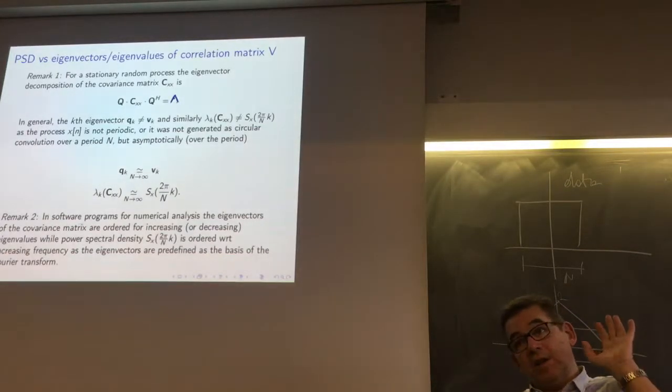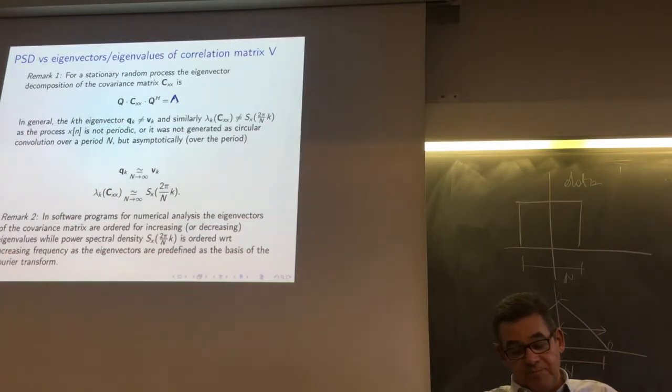At a certain time, I told you that there is a close relationship between the eigenvectors and eigenvalues of the covariance matrix and the Fourier transform basis and the power spectral density. This relationship is important because we are now moving into the parametric methods. The parametric methods mean that we assume the random process is autoregressive, moving average, or ARMA.